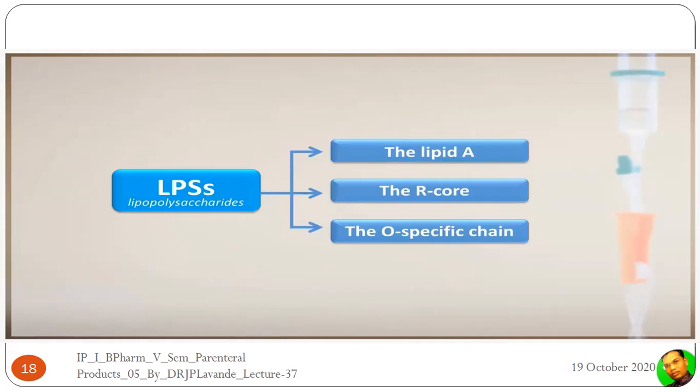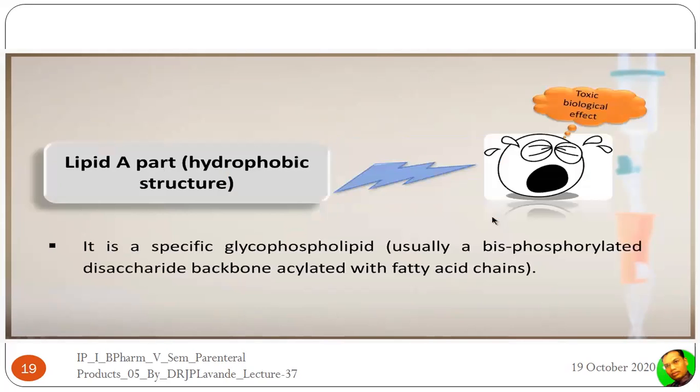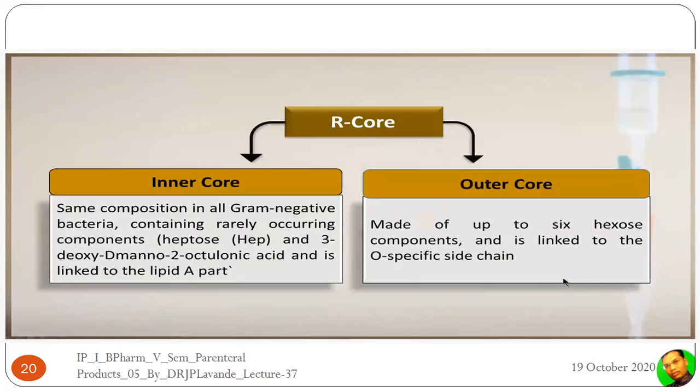Now, if we look at the different cores or structures present in the lipopolysaccharide, it shows the lipid A portion, the R core, and the O specific side chain. The lipid A part is a hydrophobic structure, and it is responsible for the toxic biological effects. It is a specific glycophospholipid, usually a bisphosphorylated disaccharide backbone acylated with fatty acid chains.